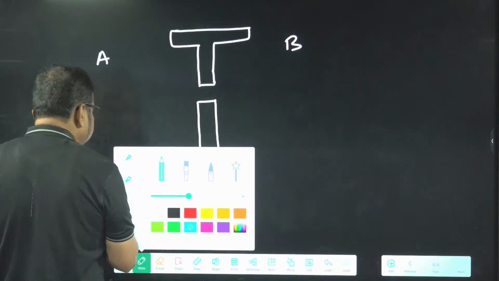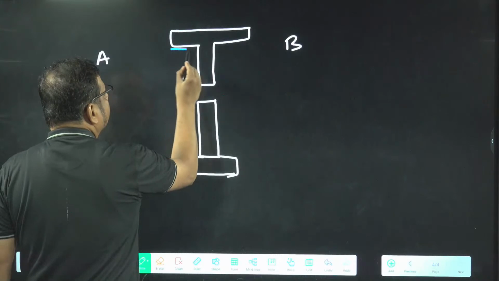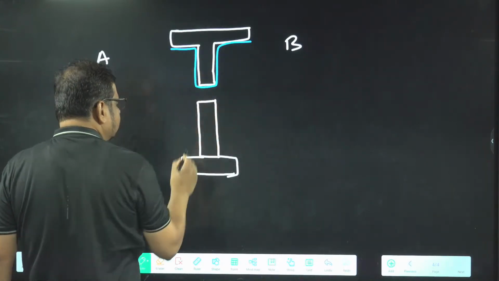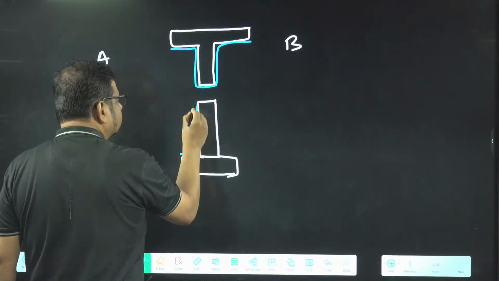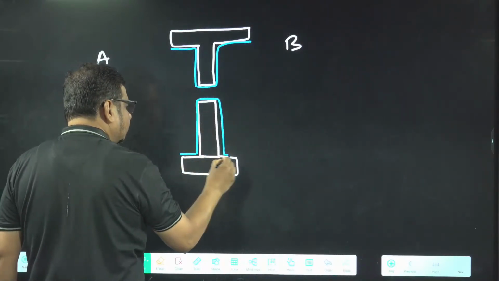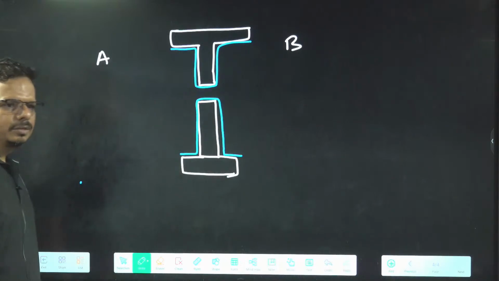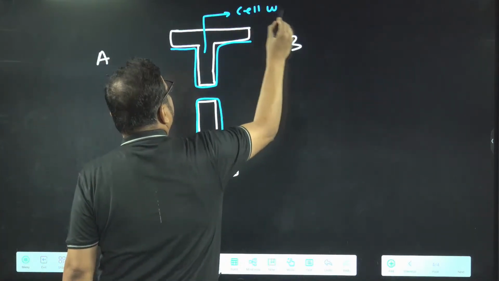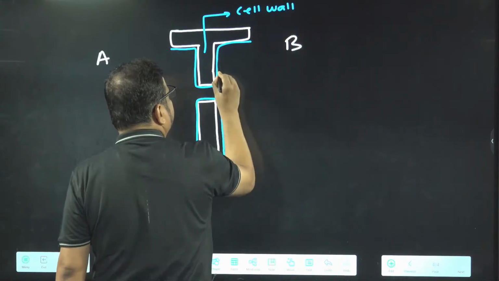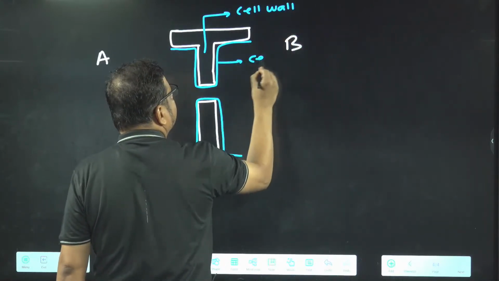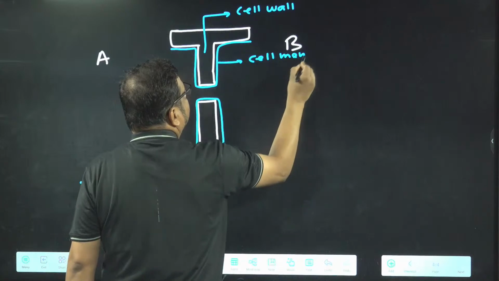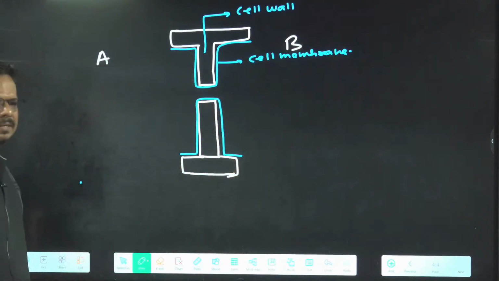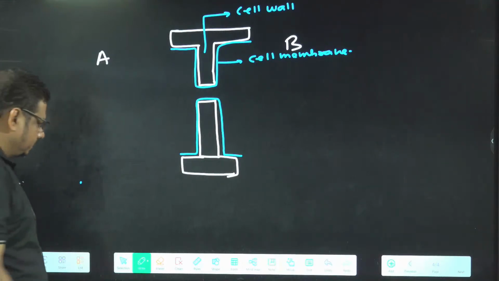Now this is the cell membrane. This blue color one is the cell wall. You just got it. Just have a connectivity with me. And it is the cell membrane. It is done.